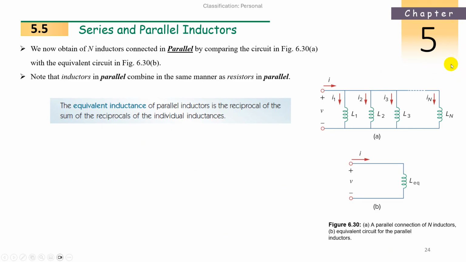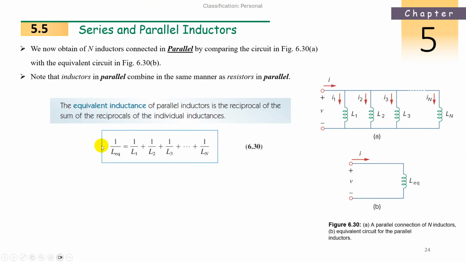Each inductance you have to first reverse, that is 1 by L1 plus 1 by L2 plus 1 by L3, up to 1 by Ln, all summed together. Again make the reciprocal. Two times you have to take the reciprocal: first individual reciprocal, then sum, then again reciprocal, again opposite. Then it will give the resultant.